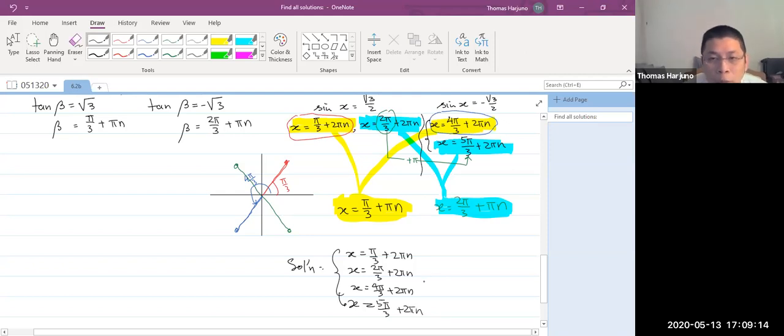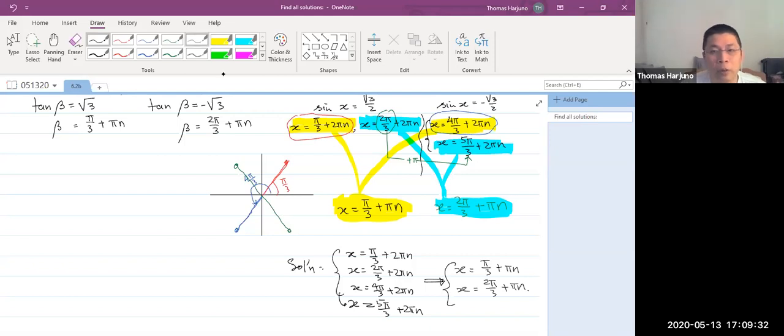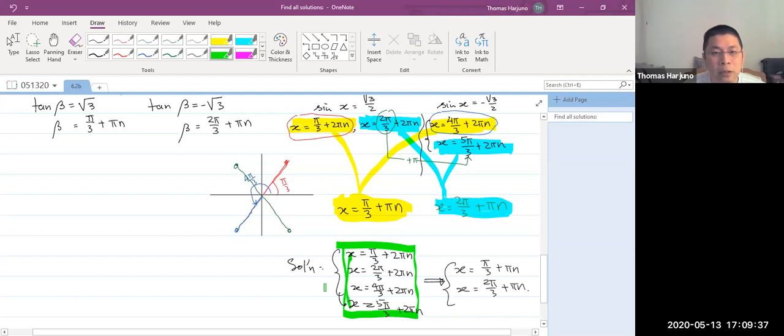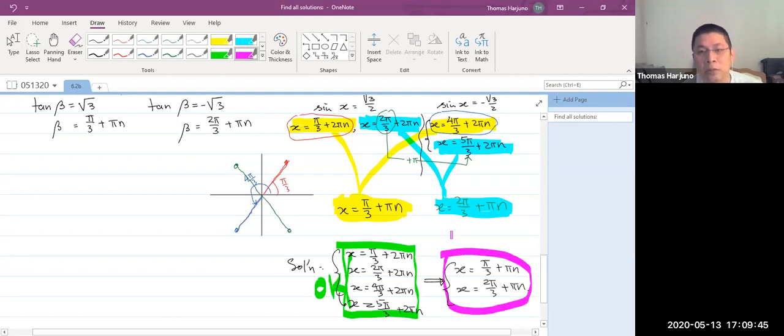However, when you compare with the back of your book, you may see the condensed version, x equals pi over 3 plus pi n, and x equals 2 pi over 3 plus pi n. So this answer is okay, this is okay, this is okay. But the one you see in your textbook very likely is this one. And this is textbook.